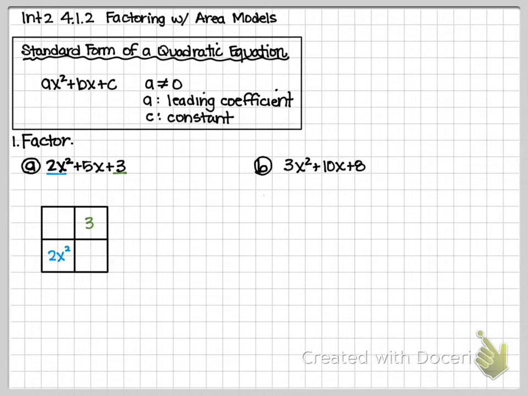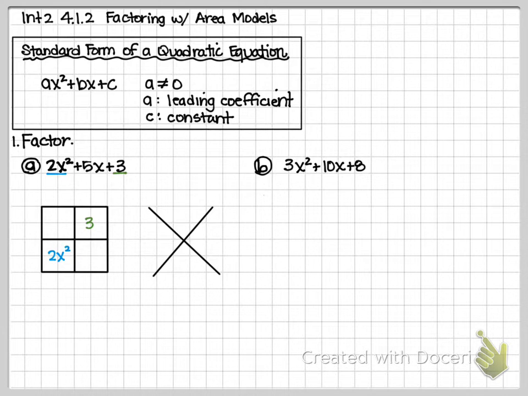Okay, now going back to what we had done previously, we'd even talked about how somebody taught you how to do these diamond problems, but they never told you why. Well, now we know why. What you're going to do is go back to the area model that you just created, and multiply along that diagonal.